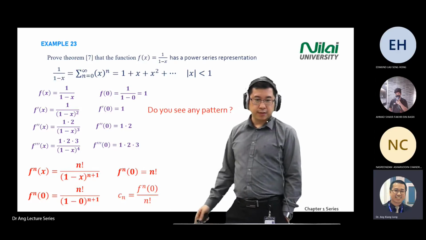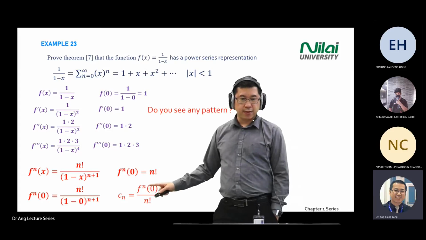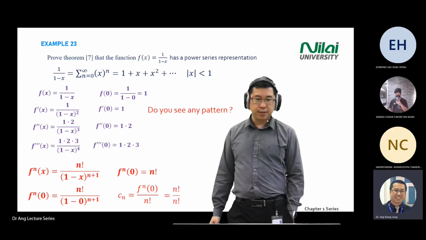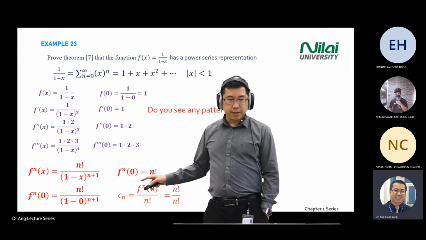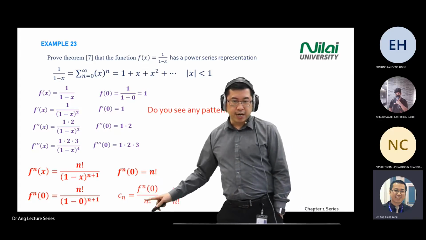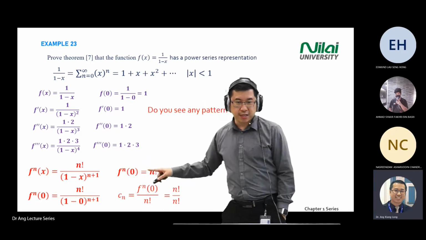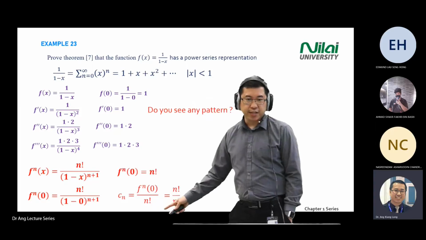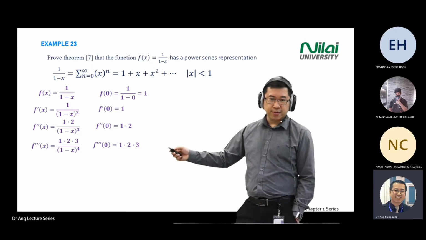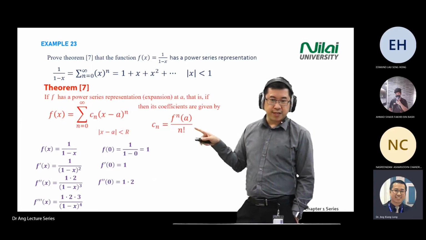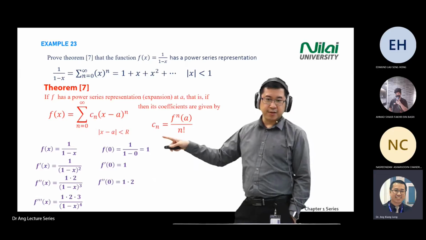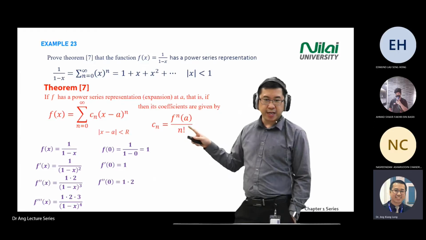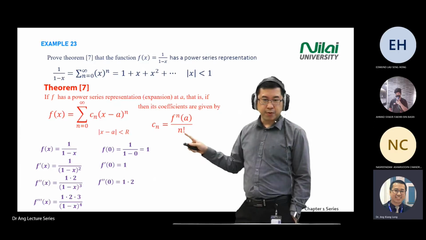So you arrive at Cn equal to Fn(0) divided by n factorial. How do you get this equation? By the theorem just now. Theorem 7, we already proved Cn equals Fn(a) divided by n factorial.